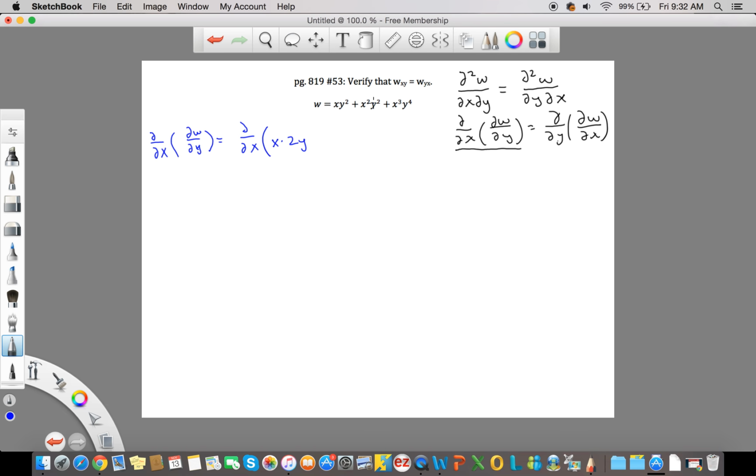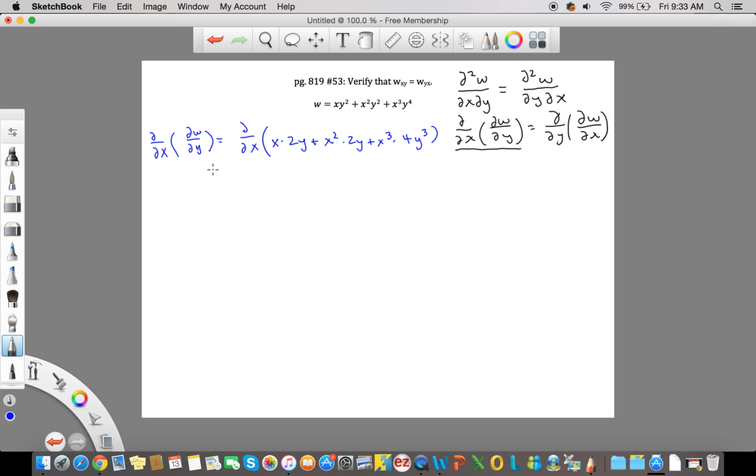Next term. x squared is considered a constant, so we're going to put that out here. The derivative of y squared with respect to y is going to be 2y. Similarly in this one, x cubed is considered a constant, and the derivative of y to the fourth with respect to y is going to be not 4x, it's going to be 4y cubed.